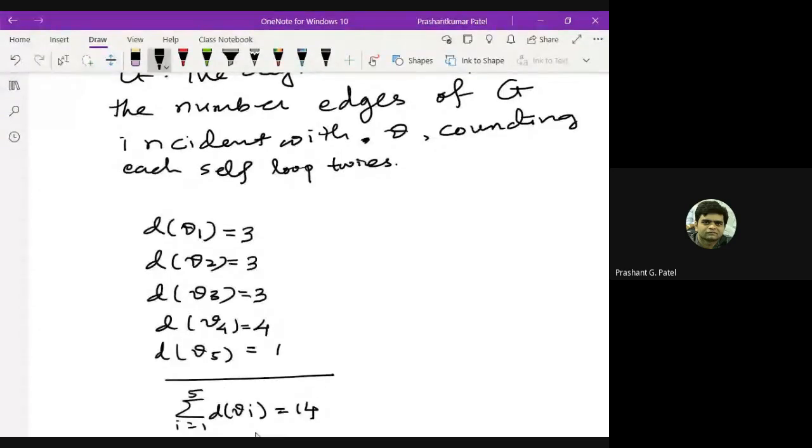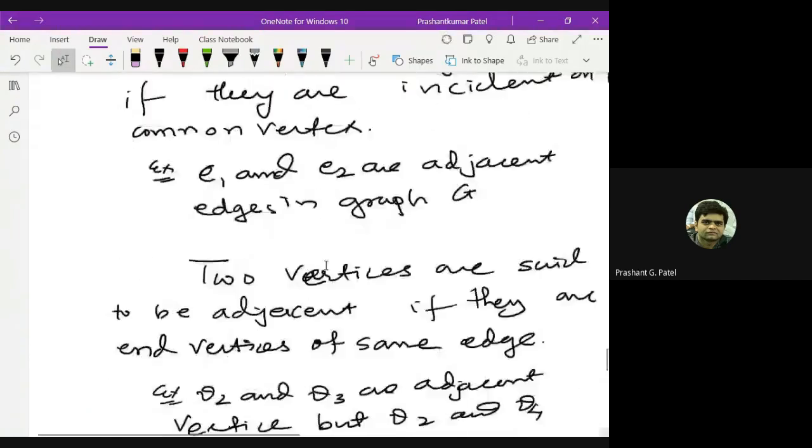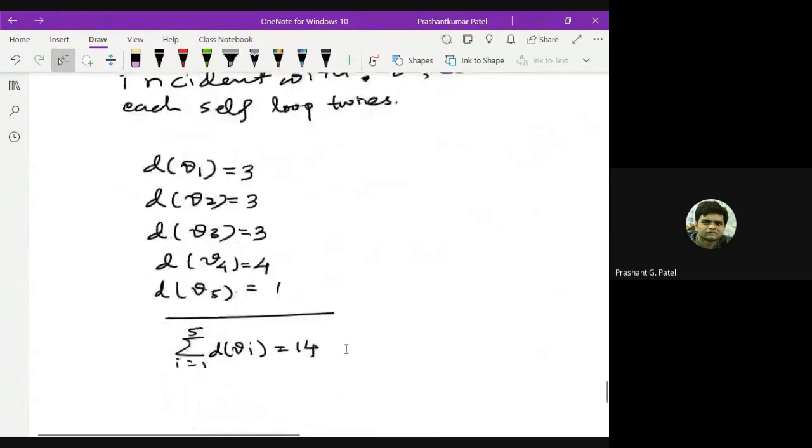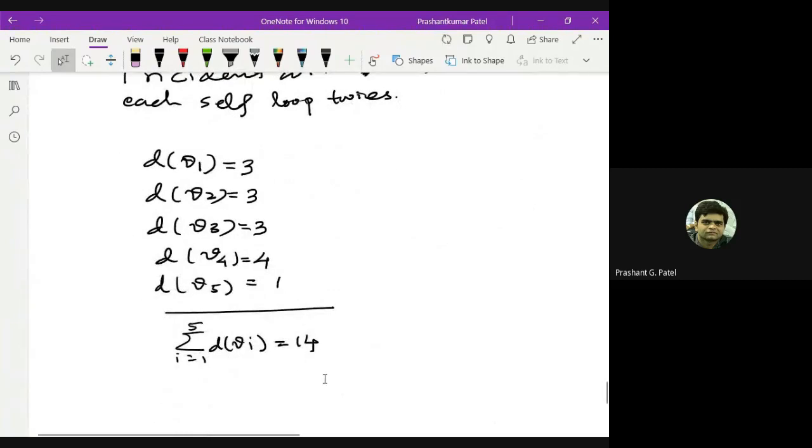Is this 14 related to the number of edges? Can you see that relation? How many edges are there? 7. So I can say it is 2 times 7.